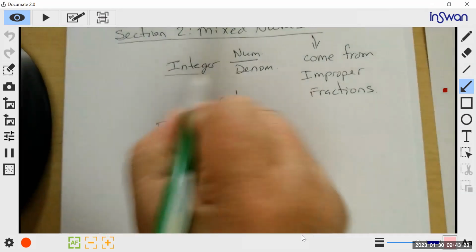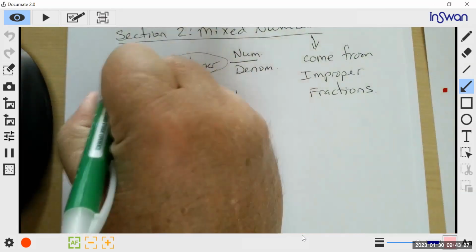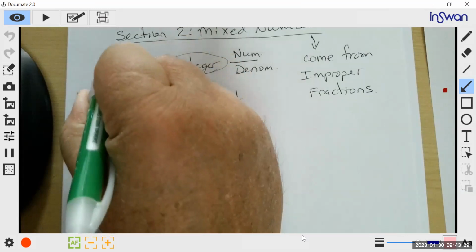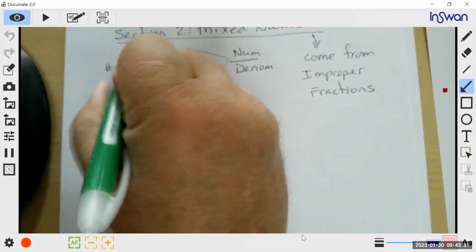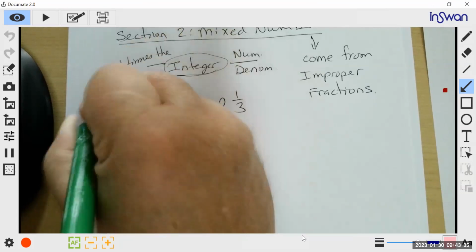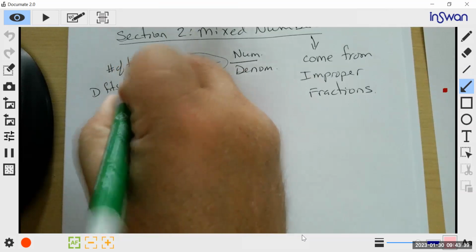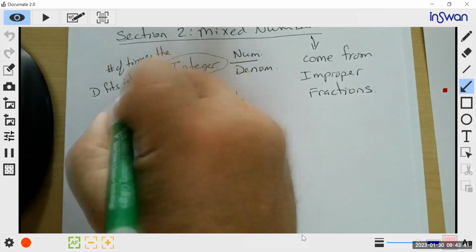So the integer part tells us the number of times the denominator fits into the numerator.